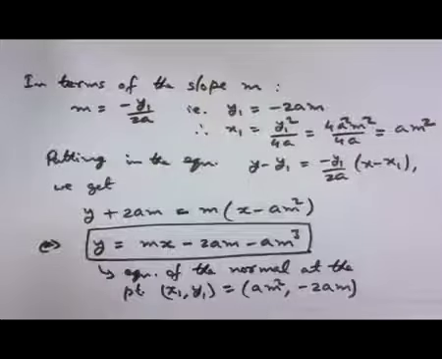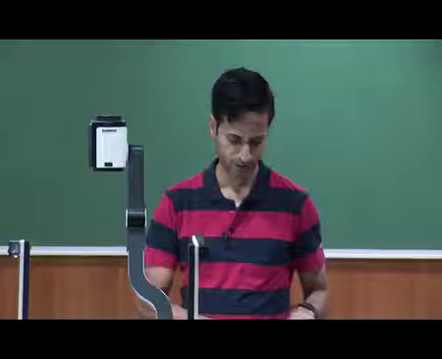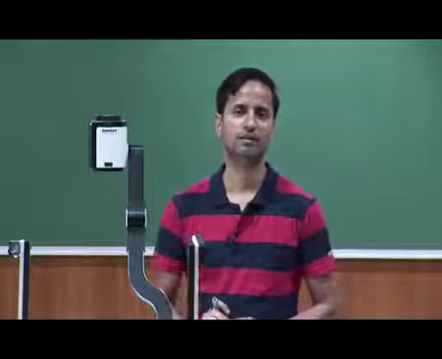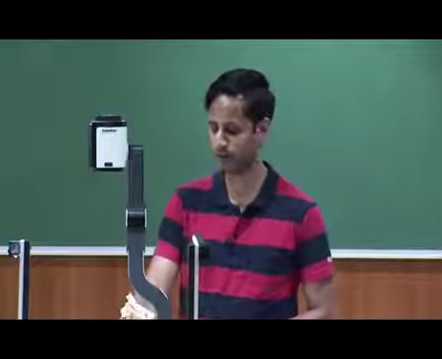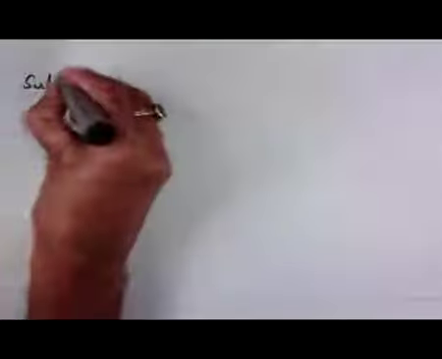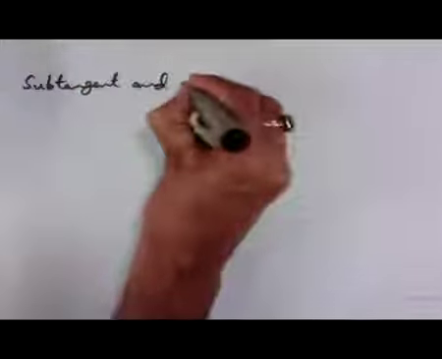So, if we write a general point as a m square, minus 2 a m on the parabola, then the equation can be written as y equal to m x minus 2 a m minus a m cube. Okay, so, next we will define what is called subtangent and subnormal and find their length for the parabola.